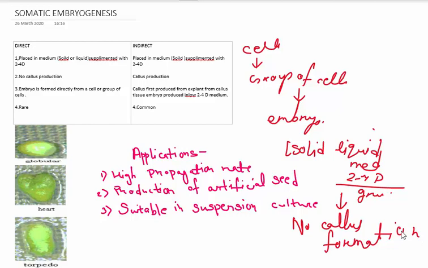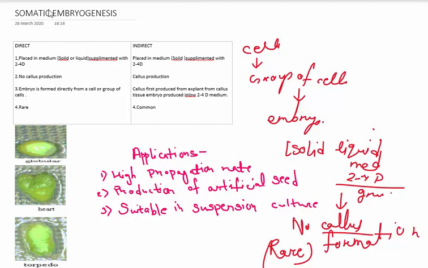So directly from a cell or group of cells, without the production of intervening callus, the embryo will form. Okay, but it's very rare in condition. Okay.